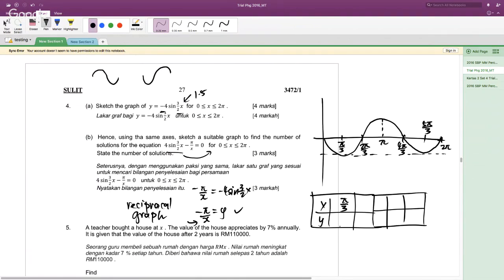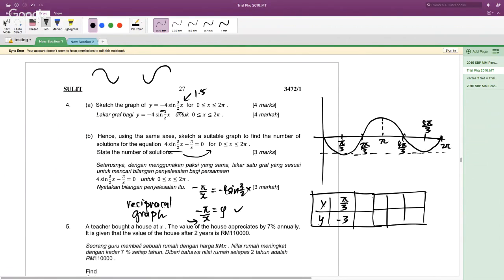So when x equals to pi over 3, you just substitute pi over 3 into it, you should get -3. If not mistaken, let me see. Y equals to negative pi over 3 divided by, I mean, equals to negative pi over 3. Yeah, y equals to -3, which is correct. Okay, so then the next thing I try to give it more coordinates.